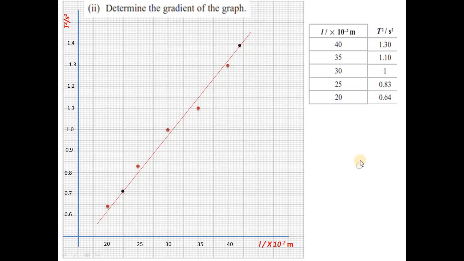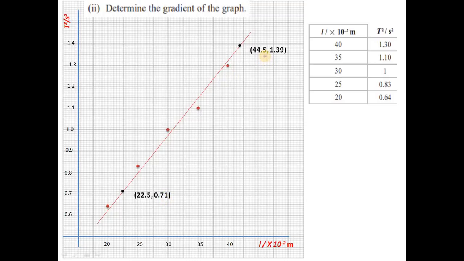So let's see, these are the 2 points that I chose here, and from these I have the coordinates of these 2 points. So 22.5 and 0.71 as the y coordinate, and so on.